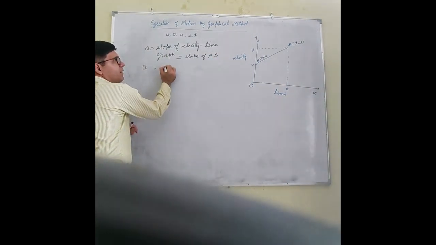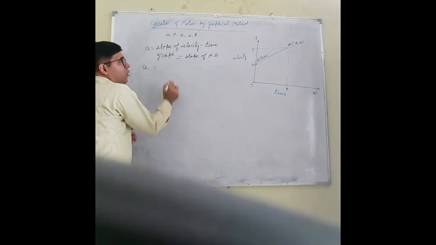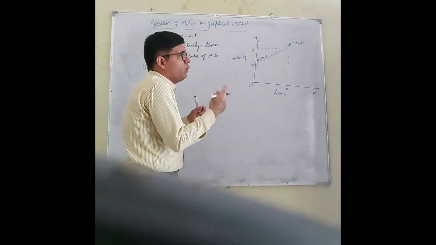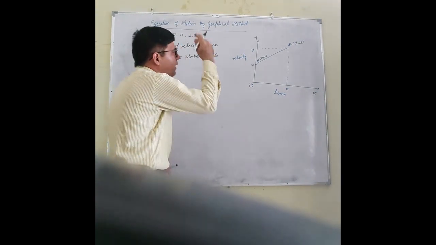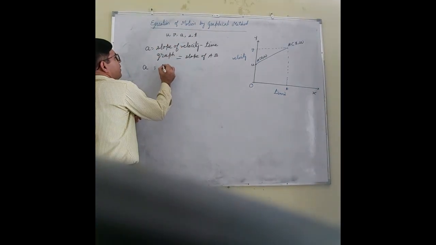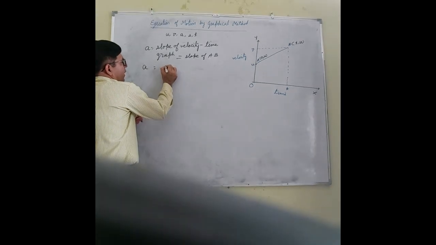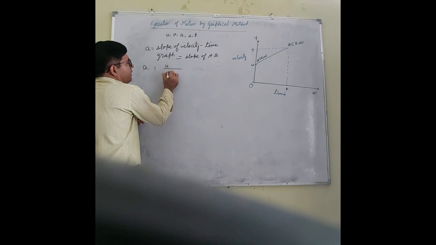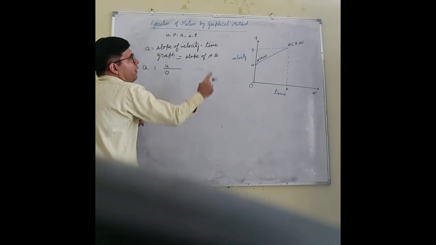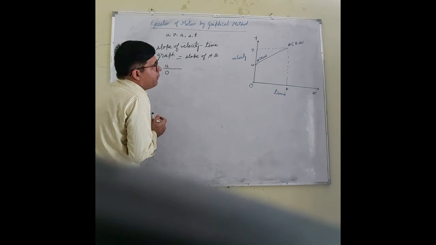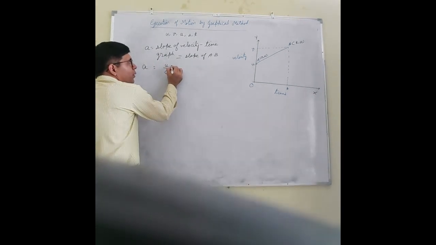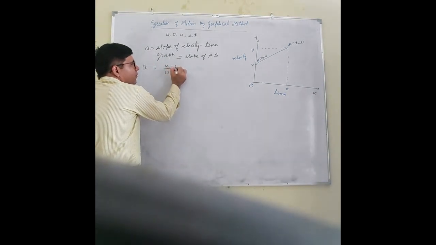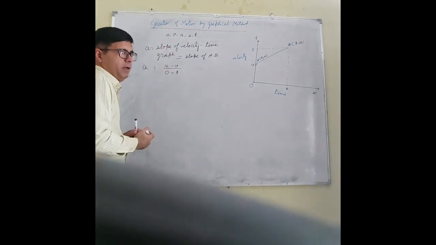Right? So what is the acceleration? Acceleration is the difference of coordinates of two points along the y-axis over the difference along the x-axis. Let me take the first point A. Its y coordinate is u, and its x coordinate is 0. For point B, its y coordinate is v, and its x coordinate is t.